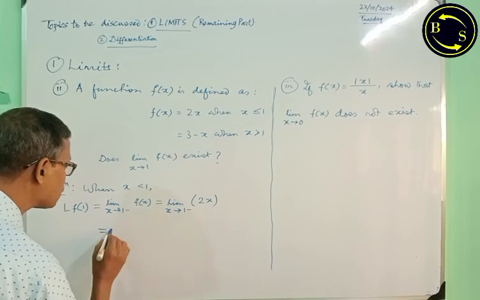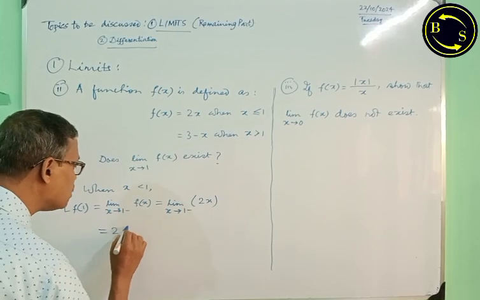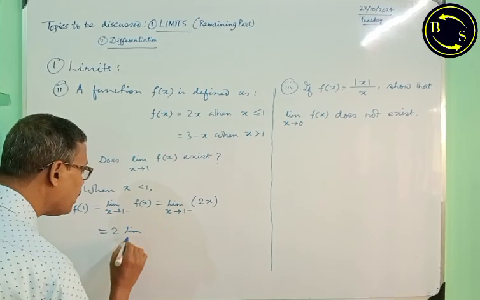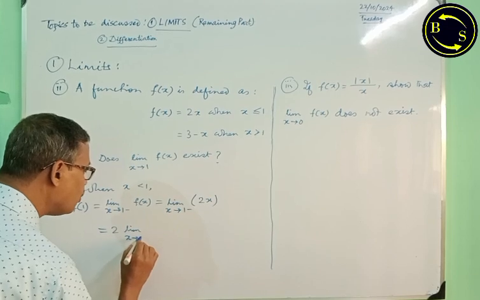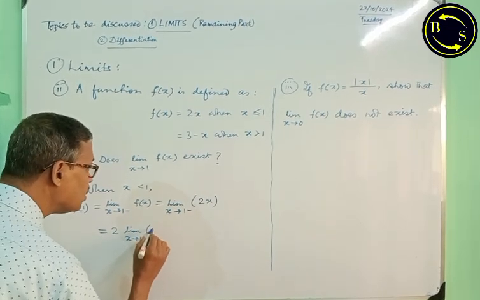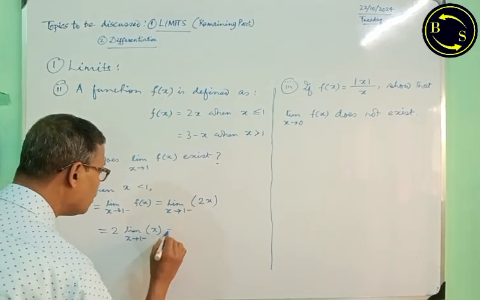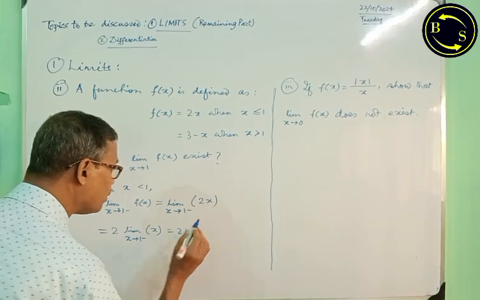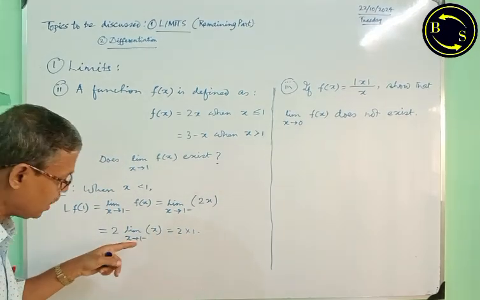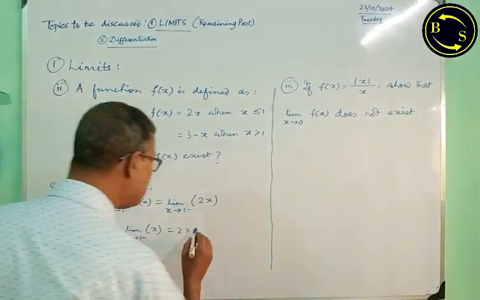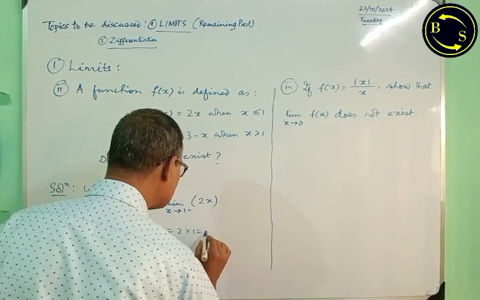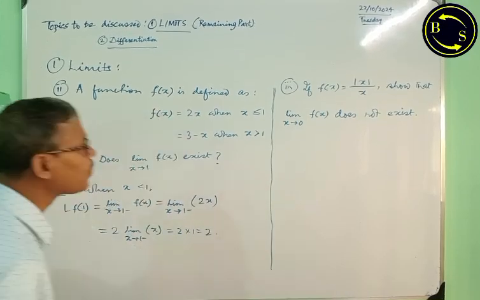Now 2 is constant, that is taken outside. Limit x tends to 1 minus x, 2 into 1. Finally, we are putting x equal to 1. Then after simplification, the value is 2.